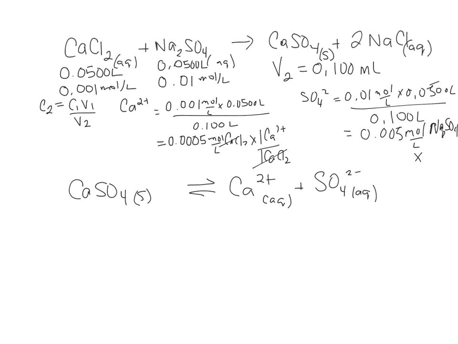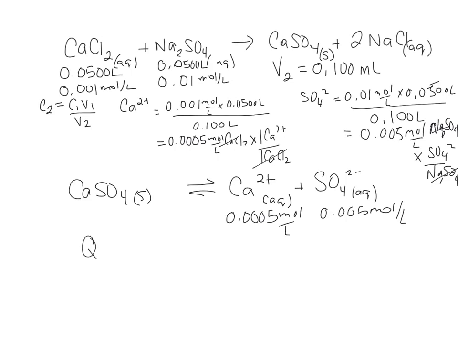But because there's 1 sulfate for every 1 sodium sulfate, we can figure out the concentration of sulfate. Okay. So now we know that we have 0.0005 mole per liter calcium and 0.005 mole per liter sulfate.